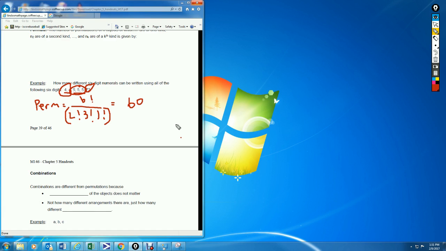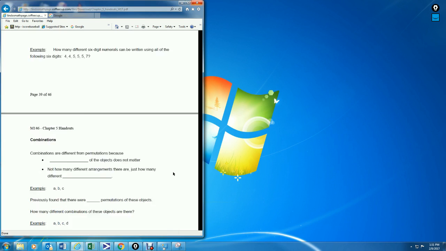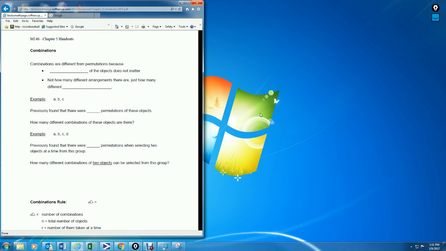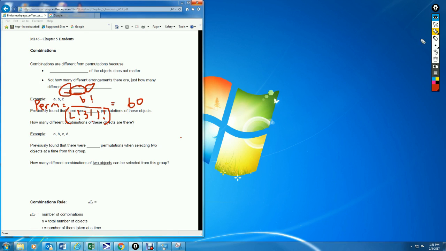All right, so let's go on to combinations. So combinations are different from permutations because the order of the objects does not matter.